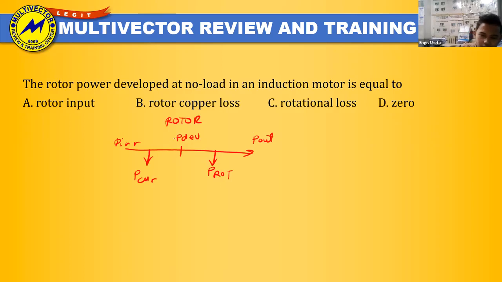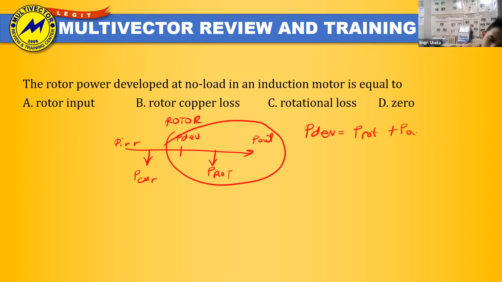Okay, so if we look at this portion of our power flow, the power developed is just the sum of the rotational losses plus the output. So the problem says, the rotor power developed at no load is blank.